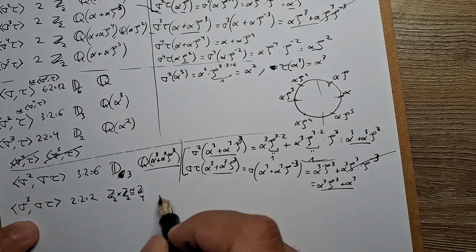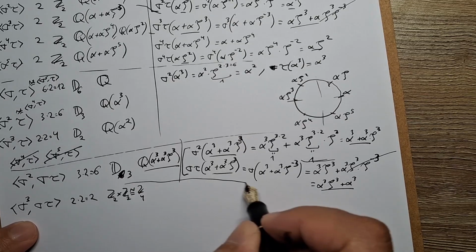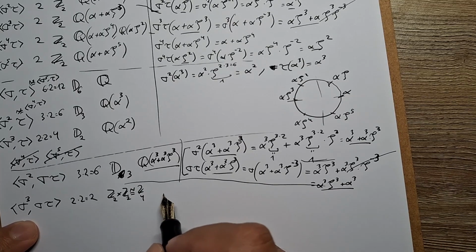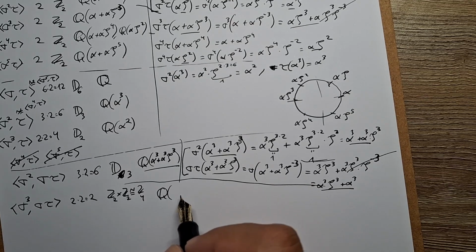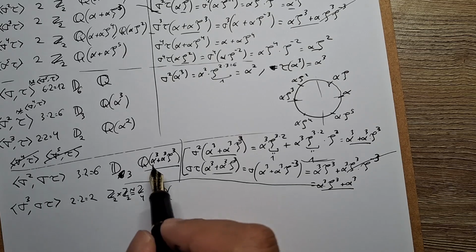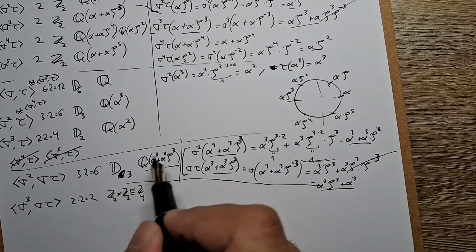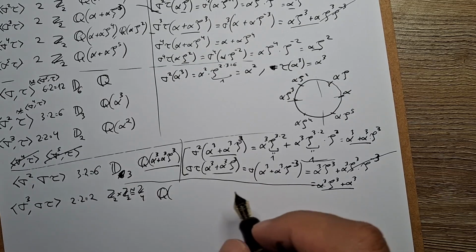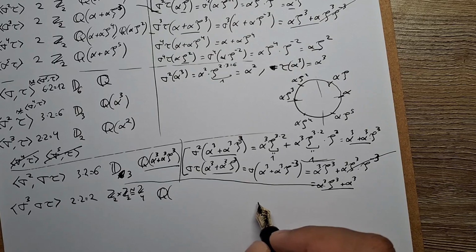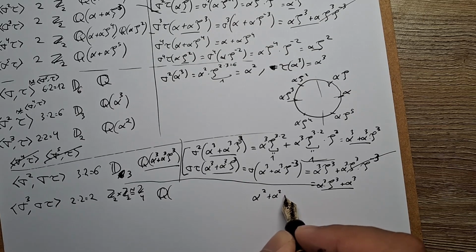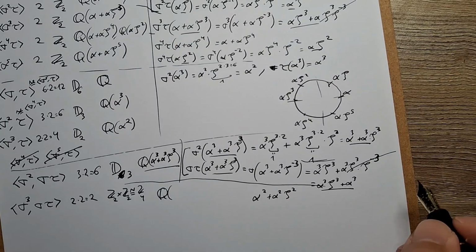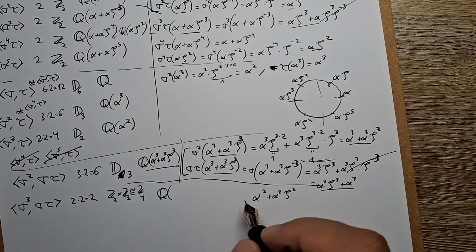Now, the fixed group, the fixed field of this, which is the shape of this. We know that before we had sigma squared and we have here alpha to the power of 3. So let's try using alpha squared plus alpha squared multiplied by theta squared.